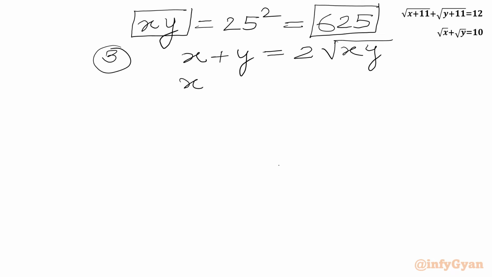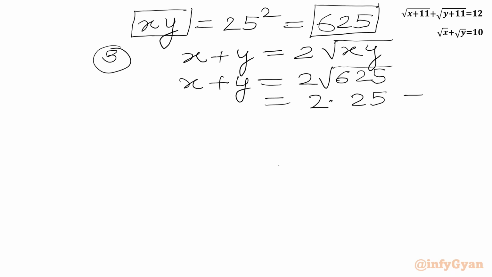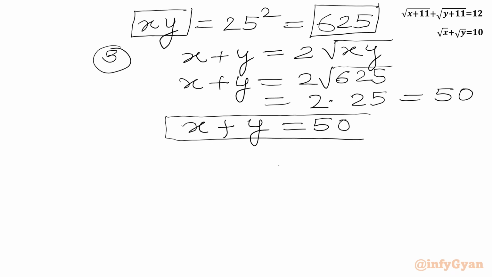We will get x plus y equal to 2 times the square root of 625, which is 2 times 25. Value will be equal to 50. So we have one very interesting system of equations, x plus y equal to 50 and xy equal to 625.